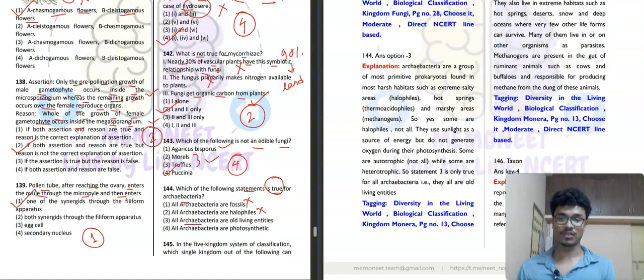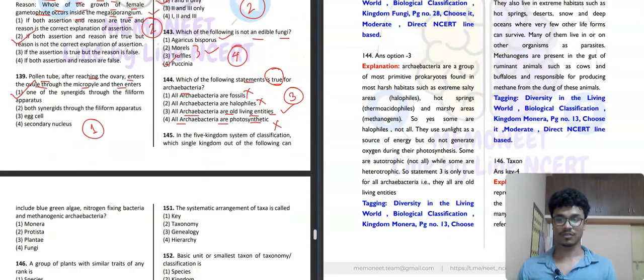Now the third one is all Archaebacteria are old living entities. It is absolutely correct. Archaebacteria means very, very old. And all Archaebacteria are photosynthetic? No, not all Archaebacteria are photosynthetic. That's why the third option will be your correct answer for this question.